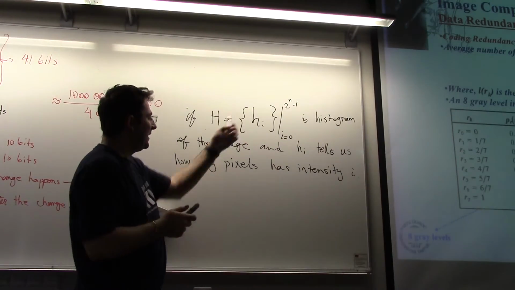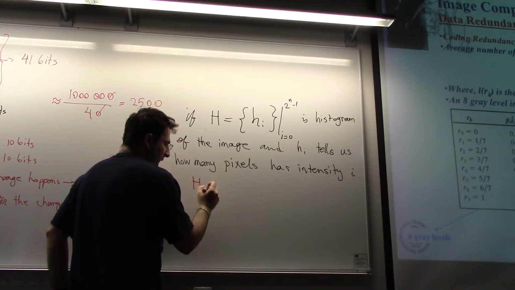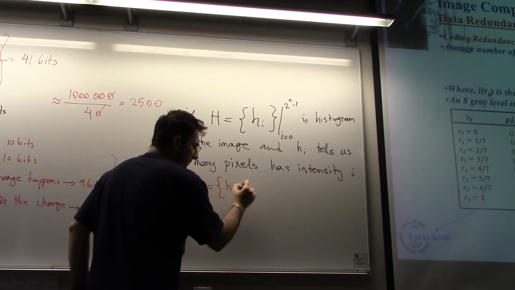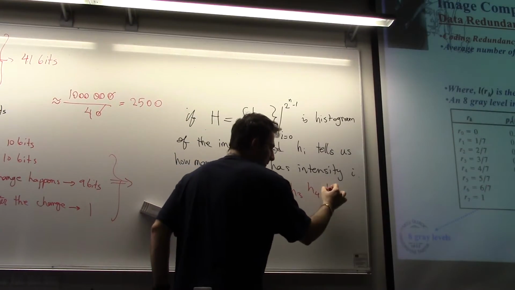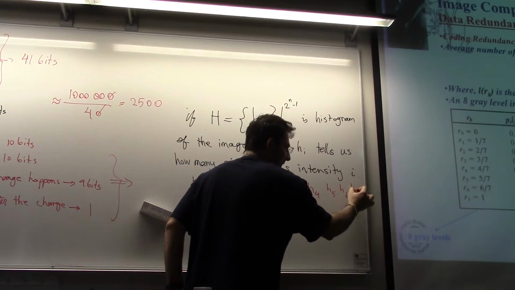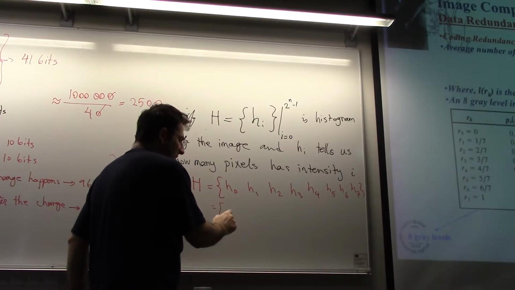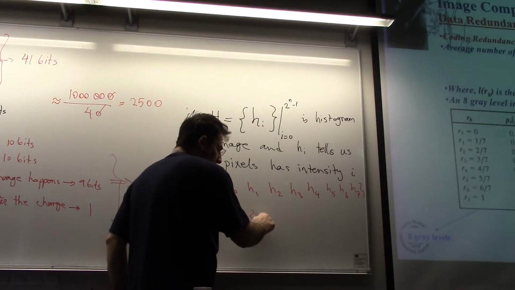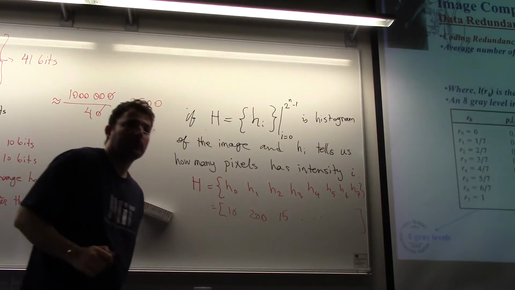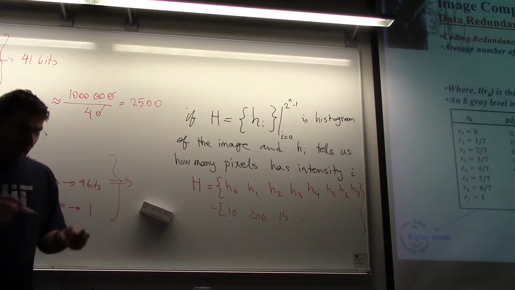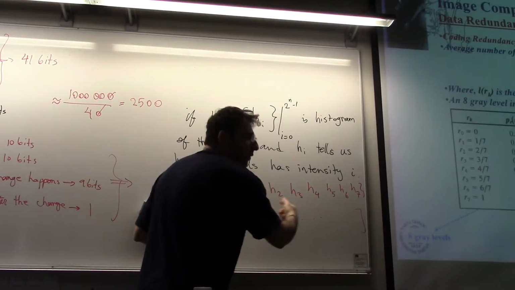For example, for 3 bits, h will be h0, h1, h2, h3, h4, h5, h6, and h7. In reality, when you look at the numbers, it will tell you 10, 200, 15, whatever, right? And we know that if I add all these values, what do I get?